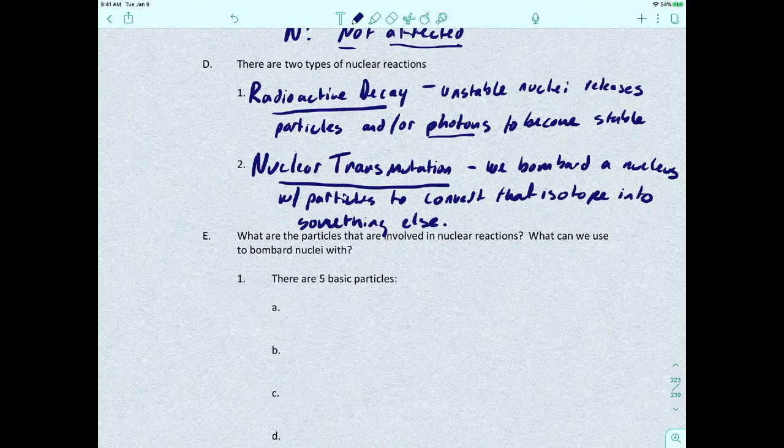There are 5 basic particles that we use. We talked about 3 of them in the last video, so we're going to introduce the others to you.